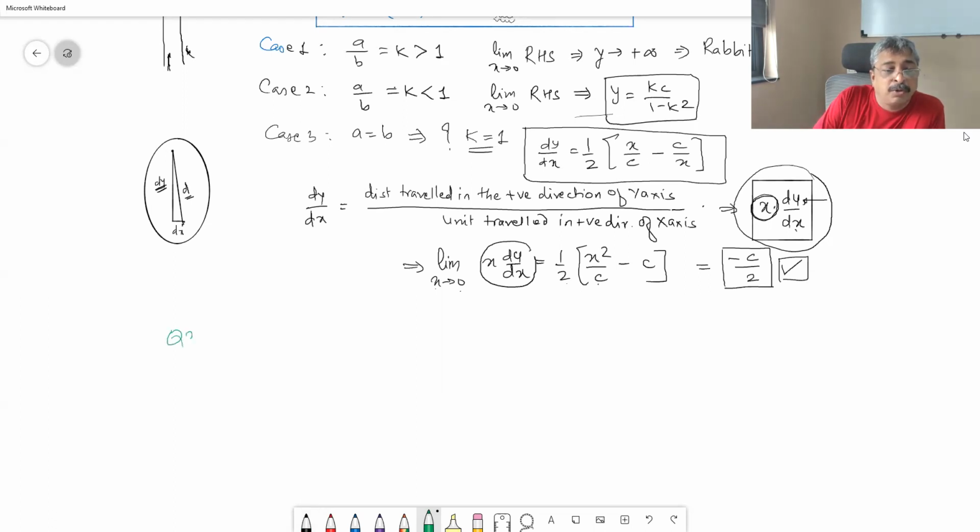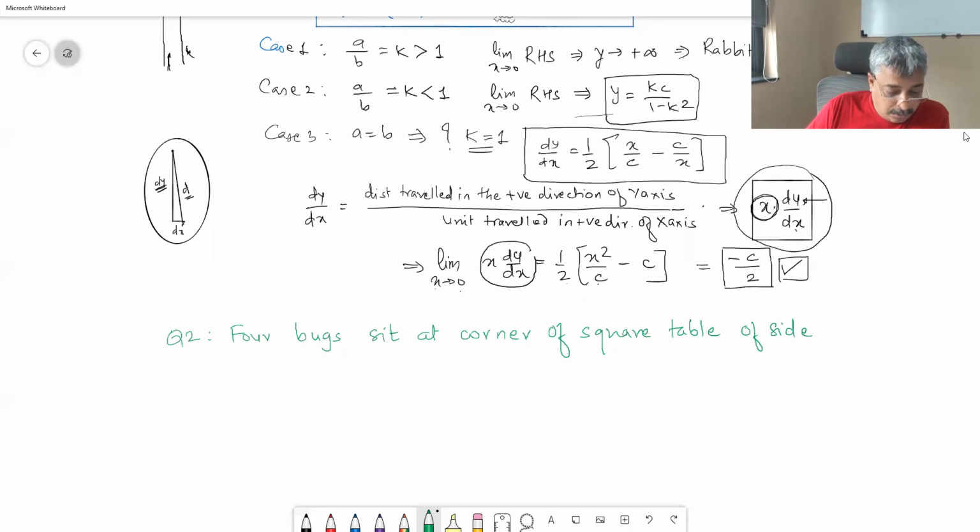Question 2. Word problem. Four bugs sit at the corners of a square table of side root 2 A. That is the side of the square table.